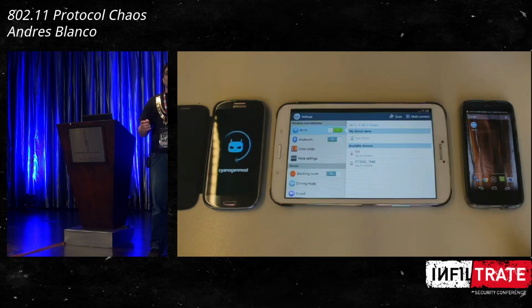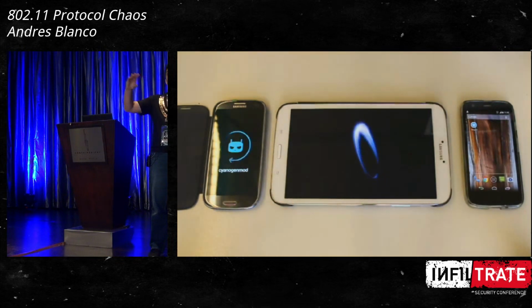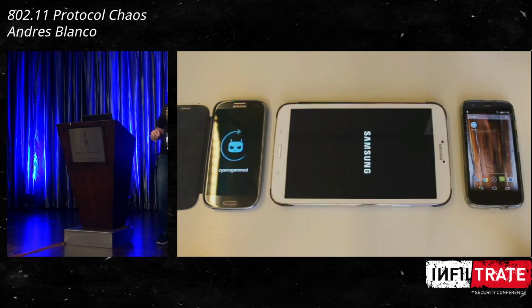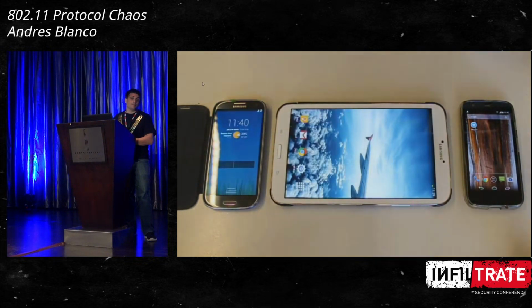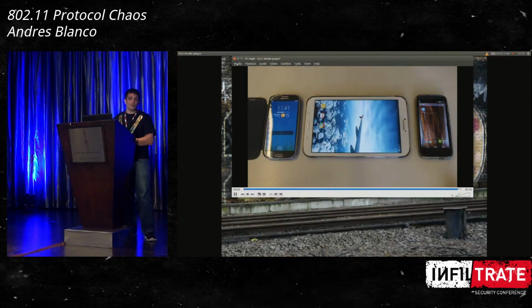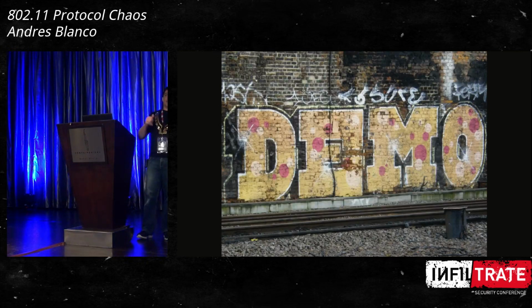This is happening because I'm injecting the frame on one channel, and when devices are in the scanning phase, they are hopping through the channels, and when they encounter this frame, they crash. So again, this is not such a critical bug, but it's a good example of the complexity of the layers of the protocols inside the OS.